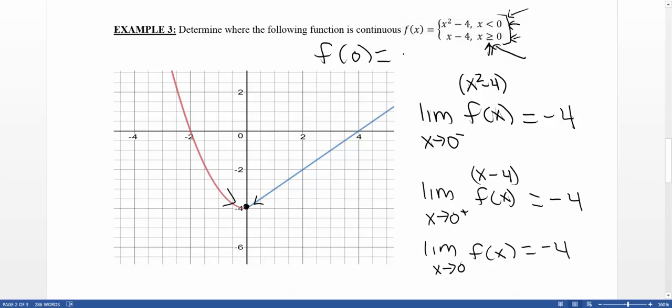So if I plug a 0 into the equals case, I get 0 minus 4, which also equals negative 4. So the limit is going to equal the functional value, and therefore is continuous at 0. 0 was the only place that I was concerned about. Looking at the picture, I can see there's no other discontinuities that I have concerned about. So here, this function is continuous everywhere.